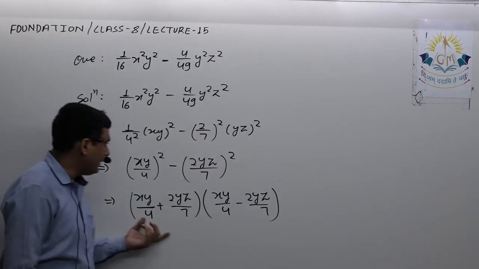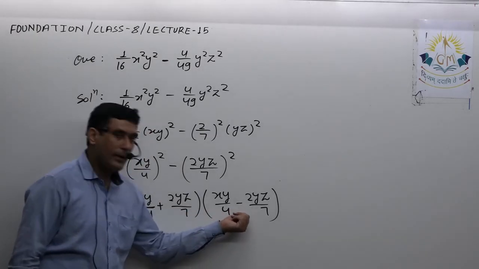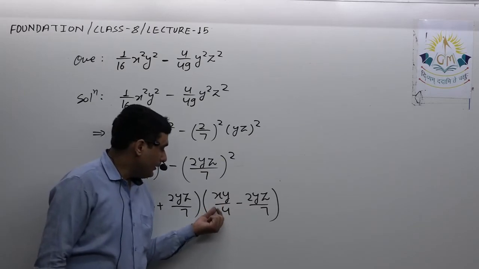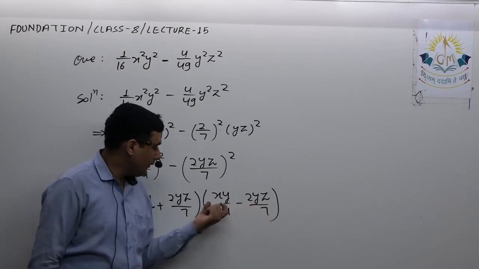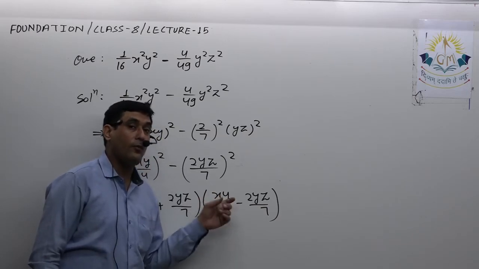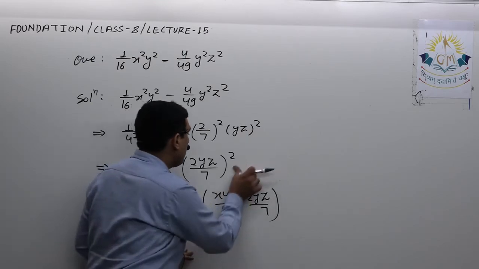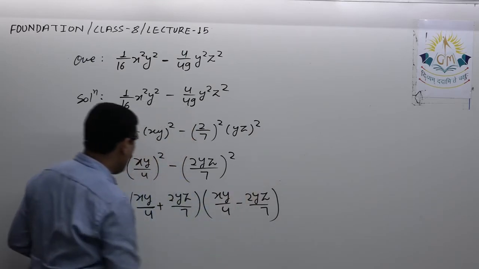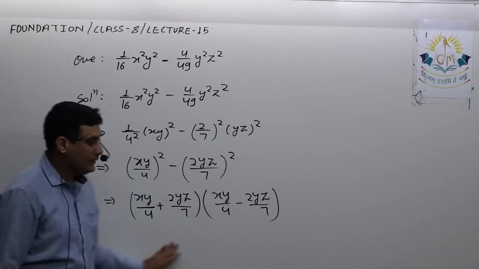There isn't any other possibility to factorize it further. Here definitely we have a minus sign, but these two terms are not complete squares. Definitely we can write them in the form of roots and then complete squares, but we won't do that because we have a rule that we'll factorize until we get the root sign. So this is the final answer.